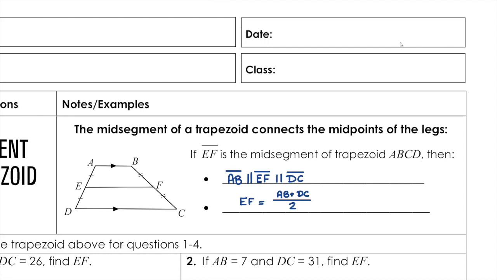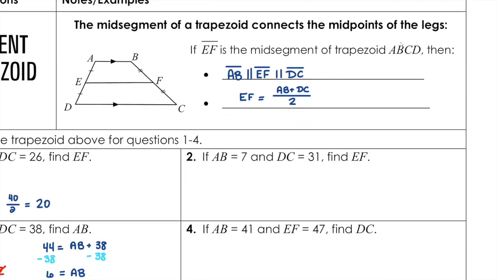But it's a really complicated way to do it, I think. So how do you find the average of two numbers? You add them together and divide by the number of numbers. So the midsegment would be add the two bases and divide by two. I know the formula, but I can't just... Isn't that what we're doing? It is, yeah.